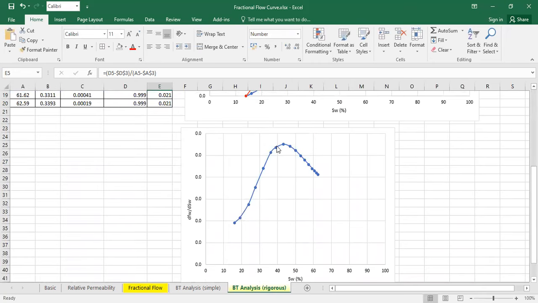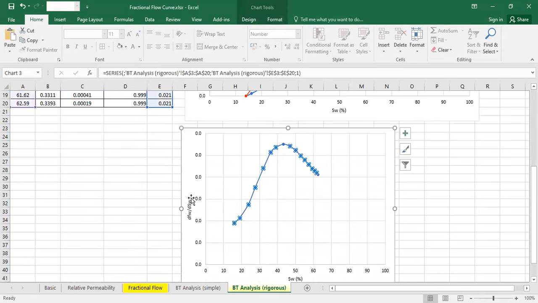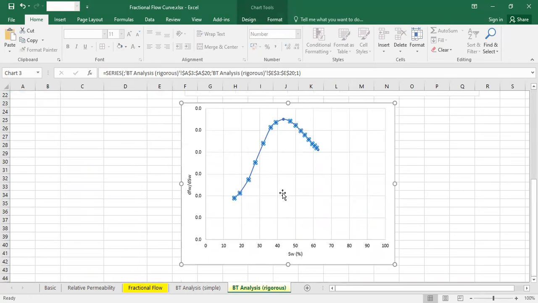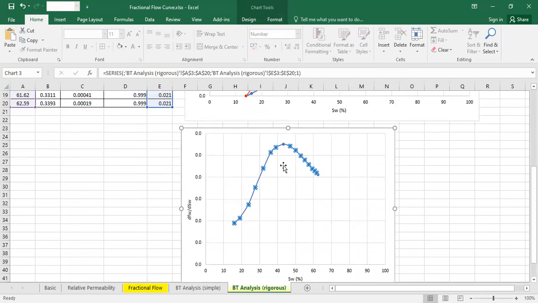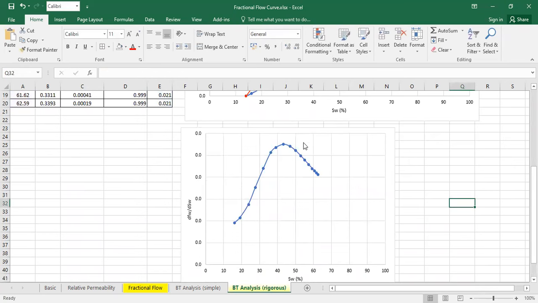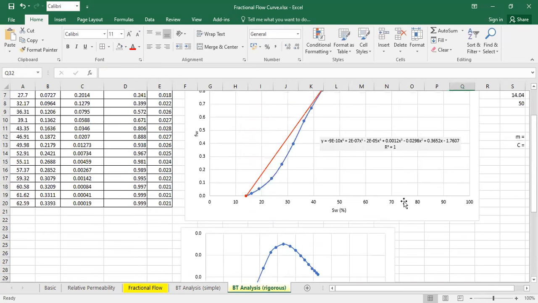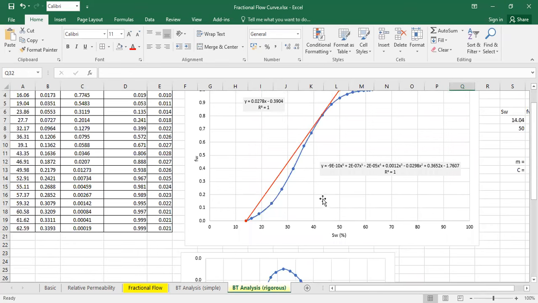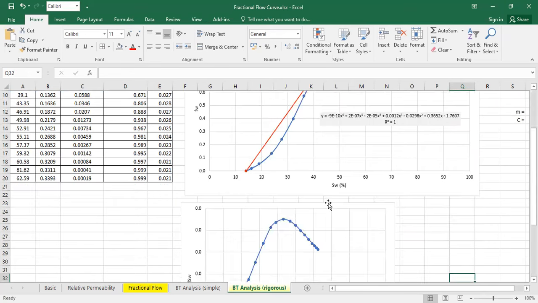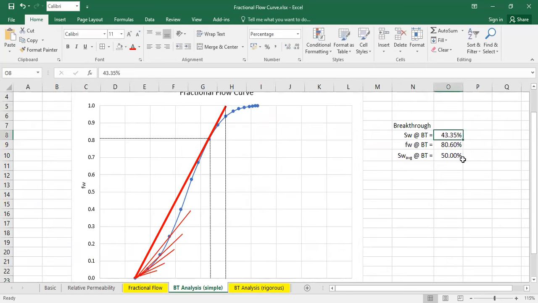And if you check this DFW with respect to DSW versus water saturation, you get that. The intersection, the touching point between the fractional flow curve and the tangent line will occur at this highest point, which is at a water saturation of 43.3%, which is very close to this one.